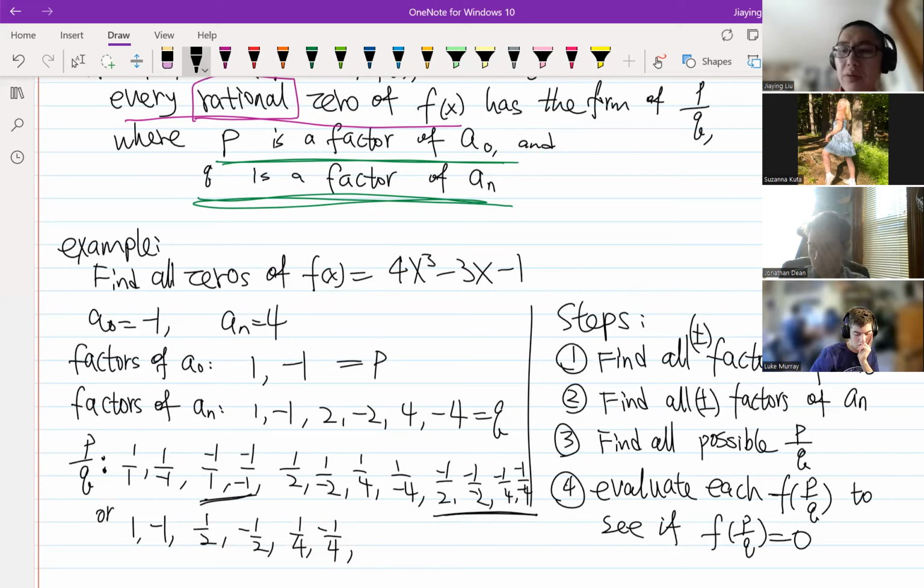We want the remainder equals 0 in order to have a 0 or have a factor. So what we're going to do is take each of these P over Q, and plug it into the function to see if we end up with f of P over Q equals 0.